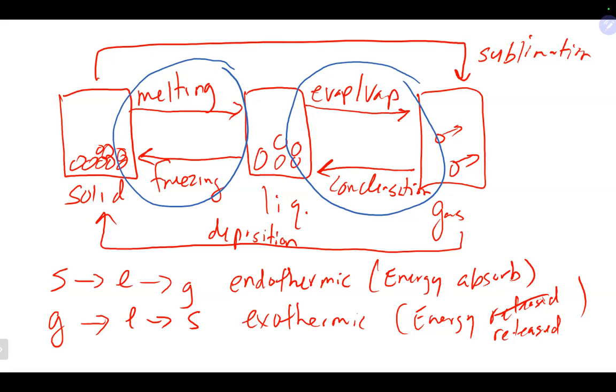What determines sort of which way you go at that point is what you're doing with energy. If you put energy in, you will continue the process of going from solid to liquid to gas and those transitions. If at those points you continue to take the energy out, you will go the opposite way, go from like gas to liquid to solid. Any questions on that there?